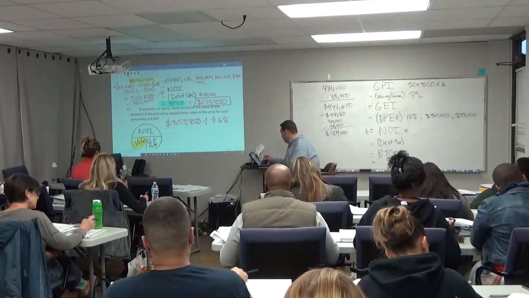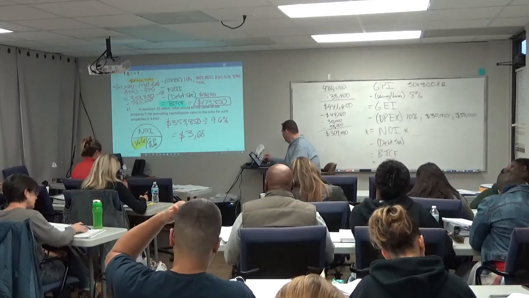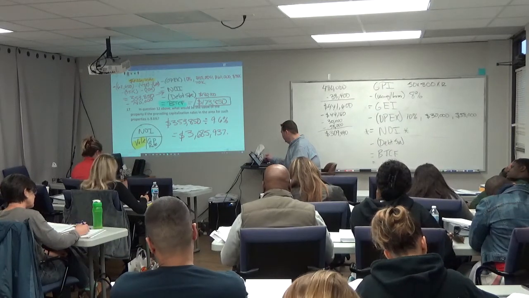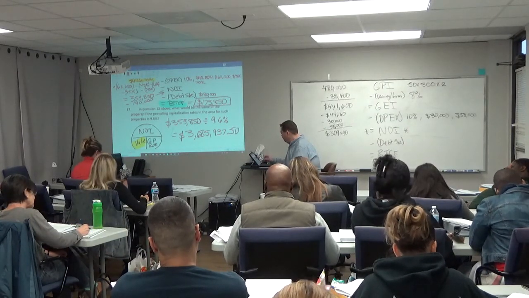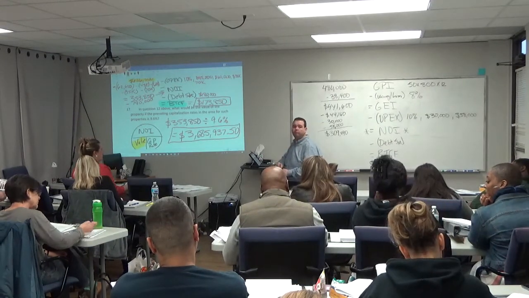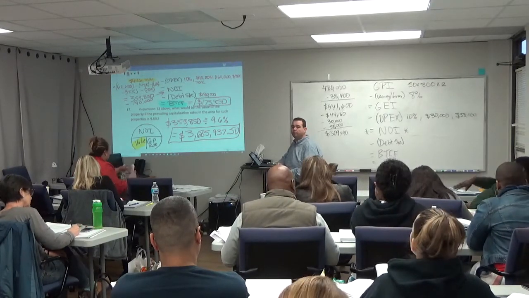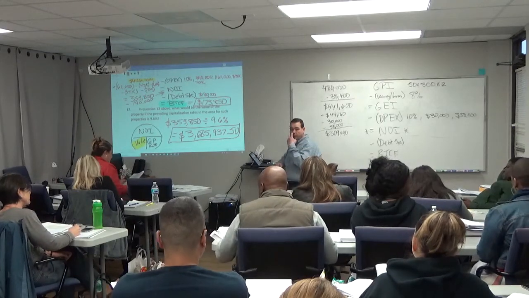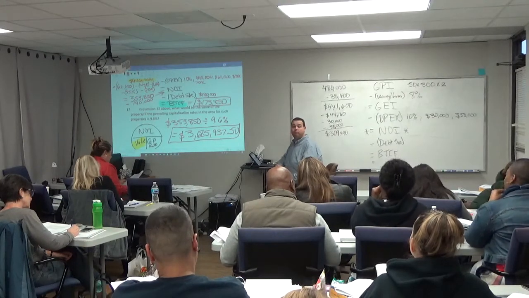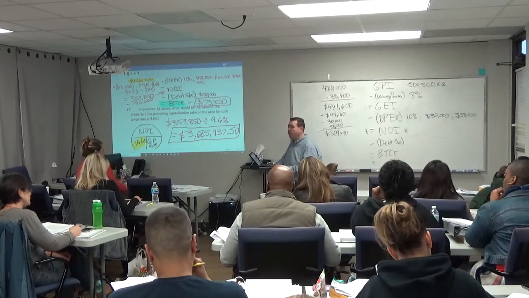And I come up with chump change of $3,685,937.50. Okay? How do we feel about that number? All right? See how we got there?